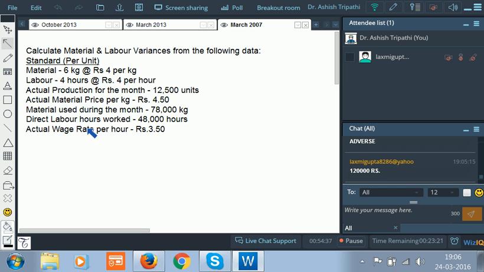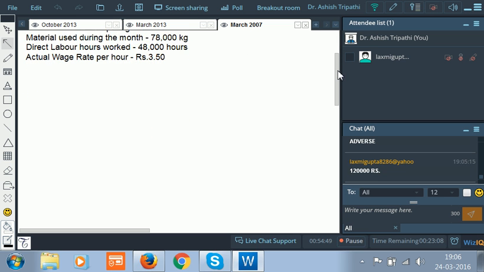See, if you don't prepare table, this question is little confusing because you will get confused. What is your standard rate? What is your actual rate? Standard hour, actual hour? It's better to prepare table.